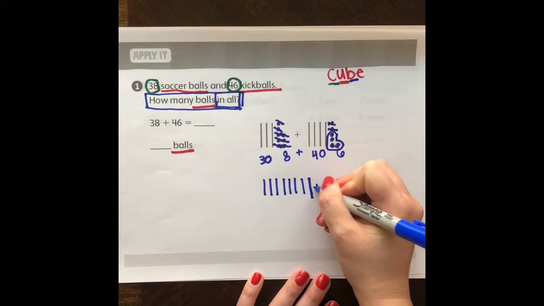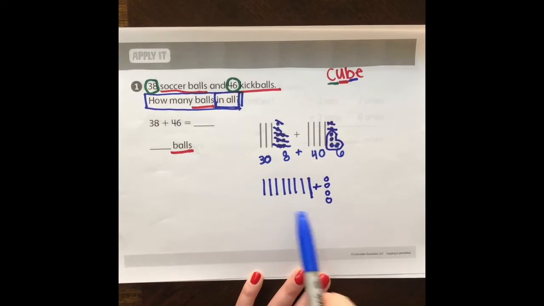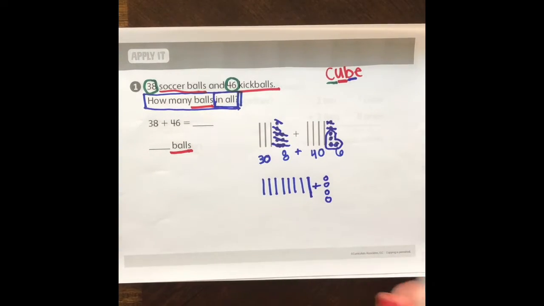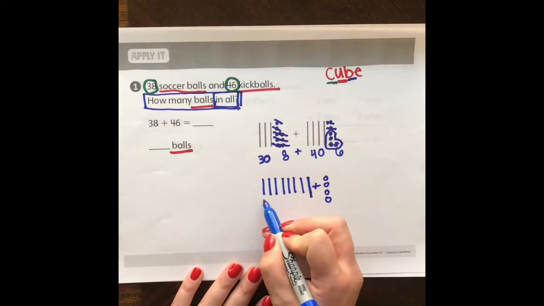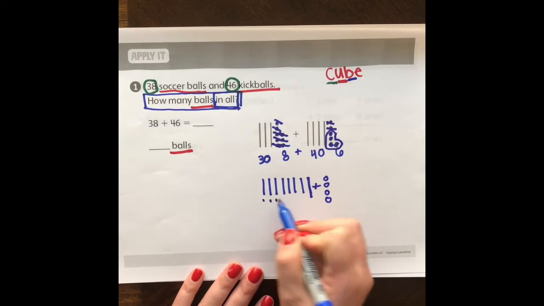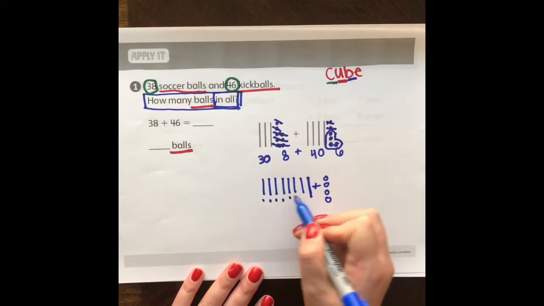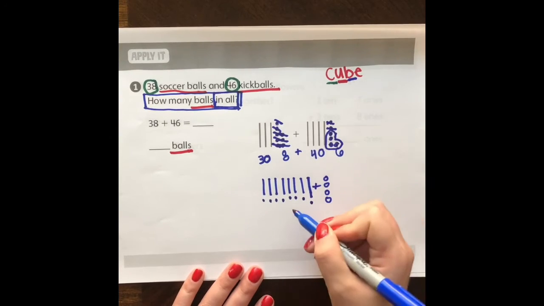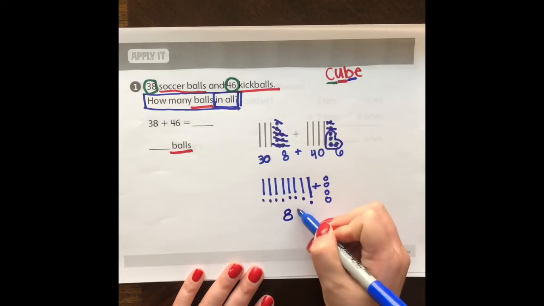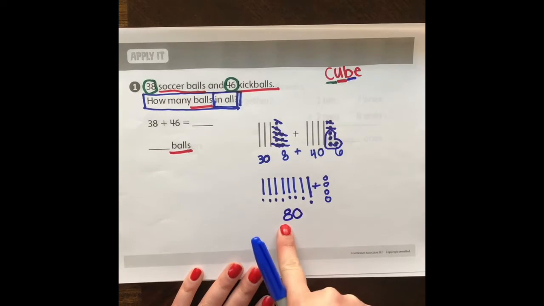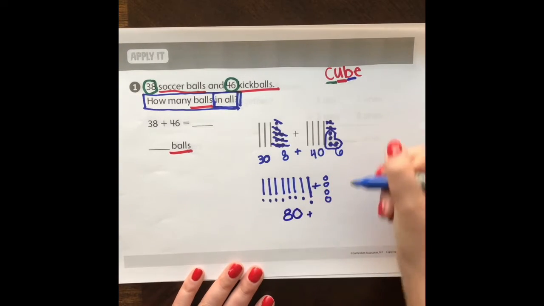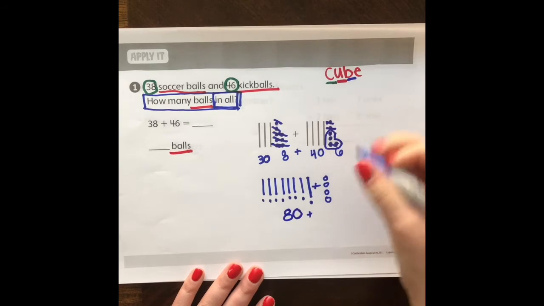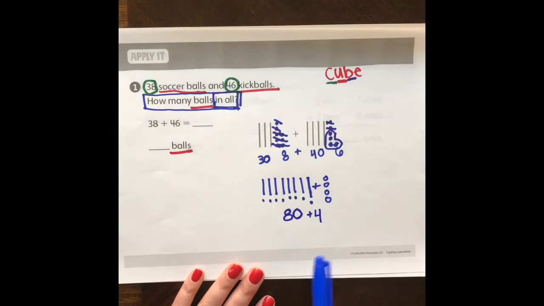So now all we're going to do is add our tens and our ones all together because we combined them. Count with me. 10, 20, 30, 40, 50, 60, 70, 80. 8 tens or 80 plus 1, 2, 3, 4. 4 ones.